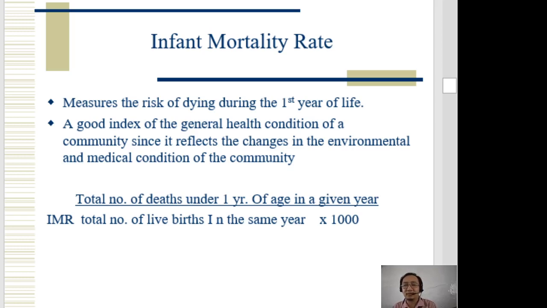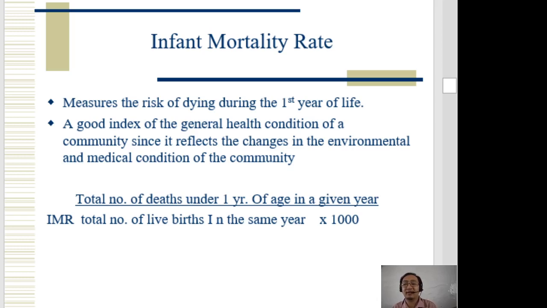So why is it a very good measure? If a community has a high infant mortality rate, it means there is a low level of health standard. If the community has a low infant mortality rate, it means it has high levels of health standards.